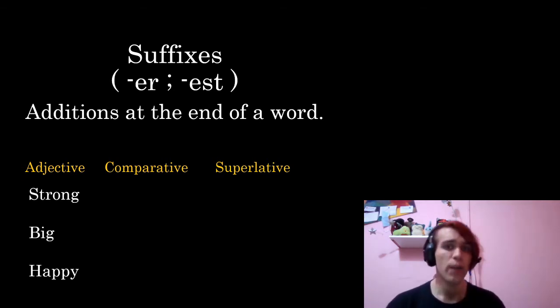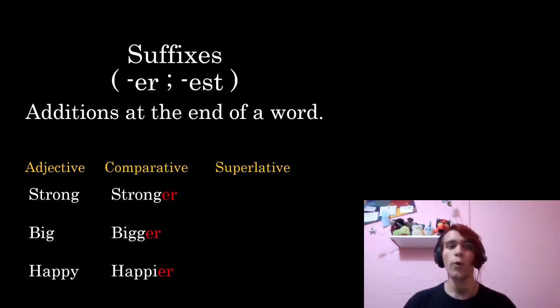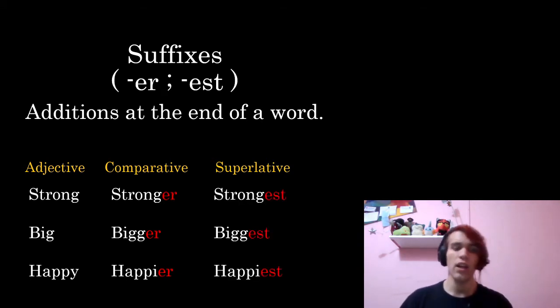To make a comparative form of these adjectives, we have to add the er ending or the er suffix to the end of the word. We got stronger, bigger, and happier. And with the superlative form, we're going to use the suffix est. Strongest, biggest, and happiest. But that's not all.